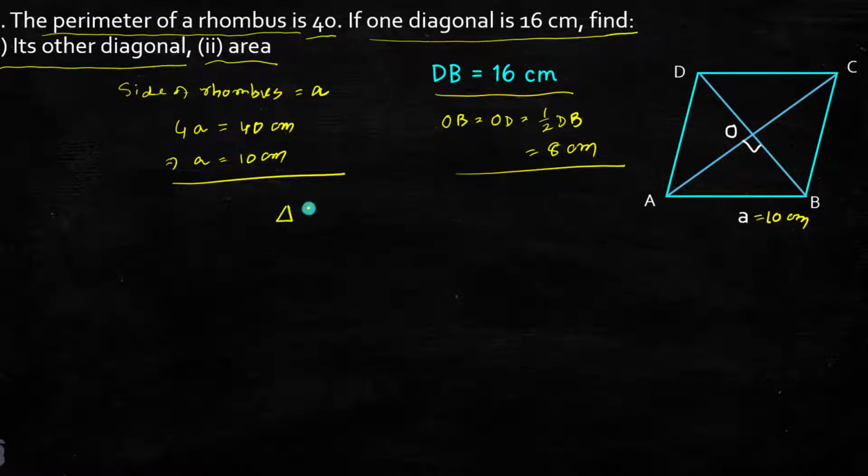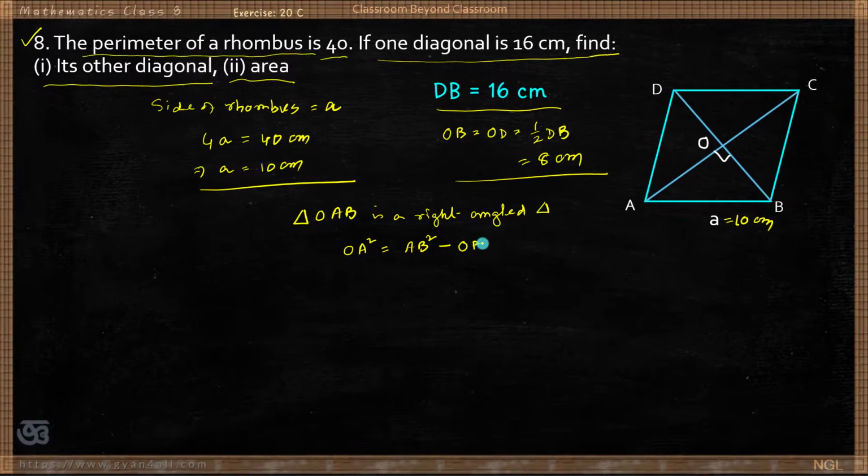You see, triangle OAB is a right angle triangle. So therefore OA square is equal to AB square, hypotenuse square, minus OB square, Pythagoras theorem.